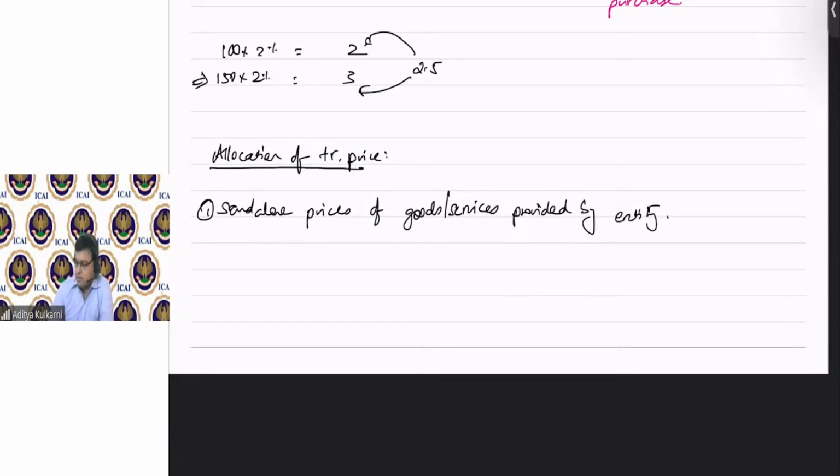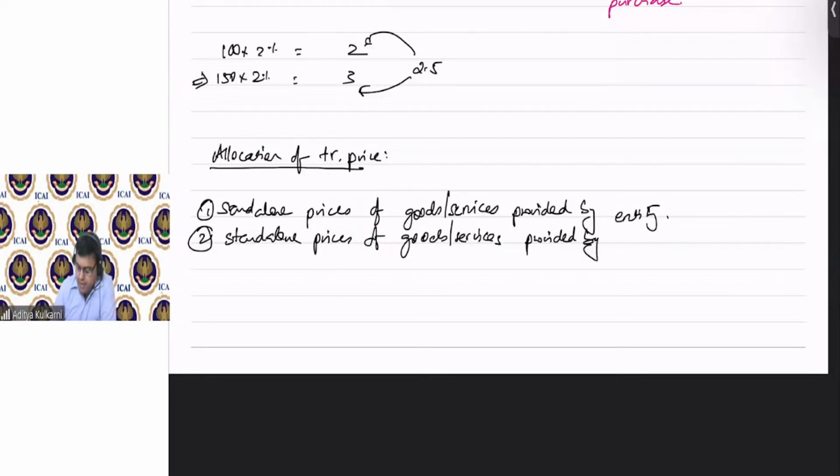Number one. Second, if I do not provide them separately, you will look at standalone prices of goods and services provided by competitors.